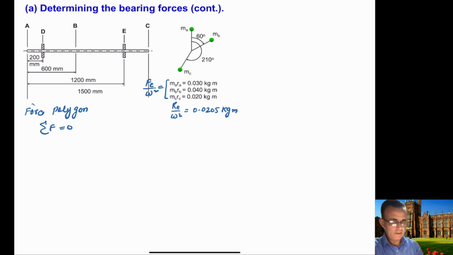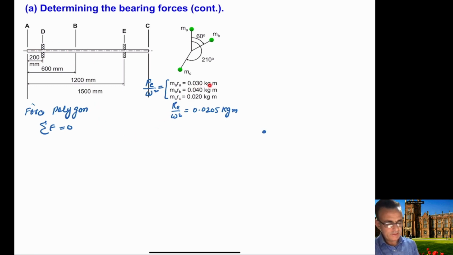For example, if you start from this point here, in the previous case, the force at A was on this side and was creating a clockwise couple or moment, so that's why we took it negative. But if you are dealing with the forces, it will always be positive. It doesn't matter if it is on this side or on this side.